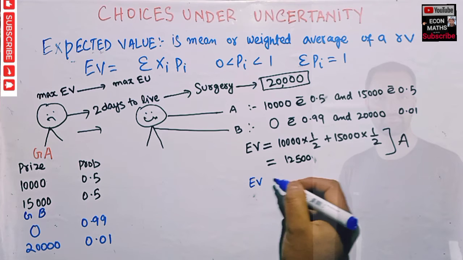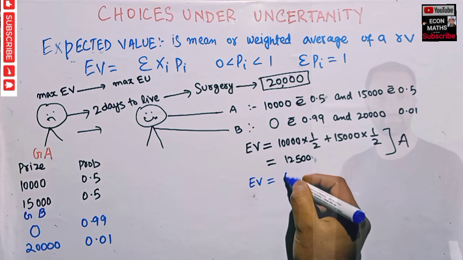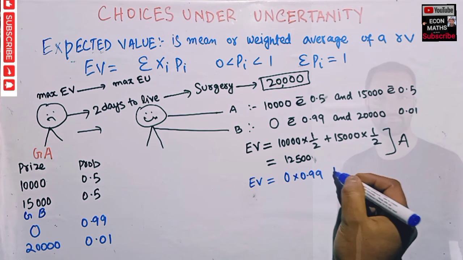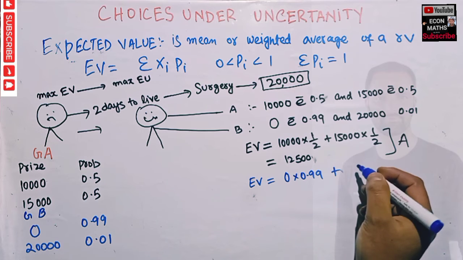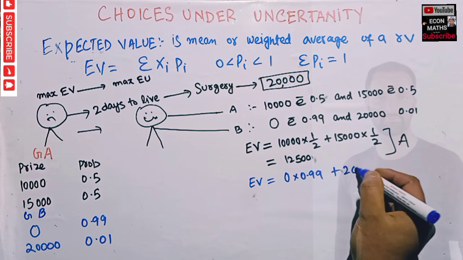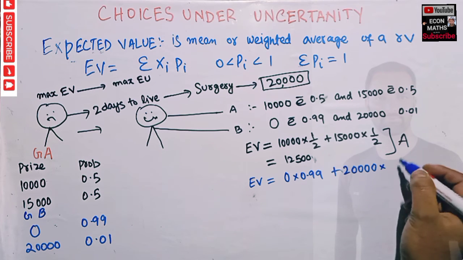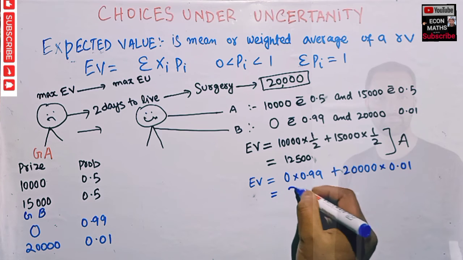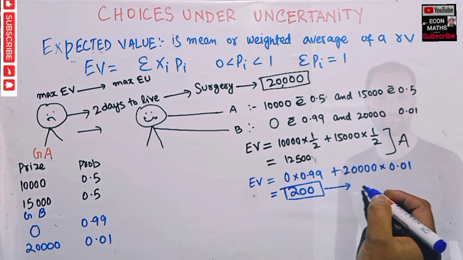Expected value for gamble B is simply multiplying, so he receives $0 with probability 0.99, that means there is a 99% chance that he receives nothing, and he receives $20,000 with probability 0.01, that is a 1% chance that he receives $20,000. When we solve this, it will come out to be 200. So in gamble B, he receives 200.